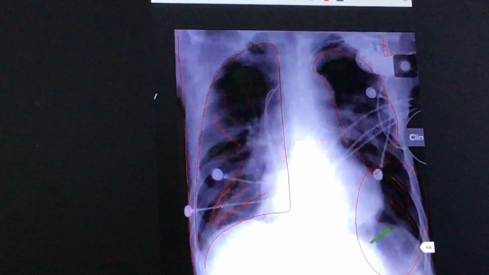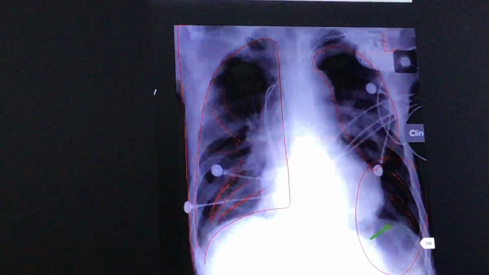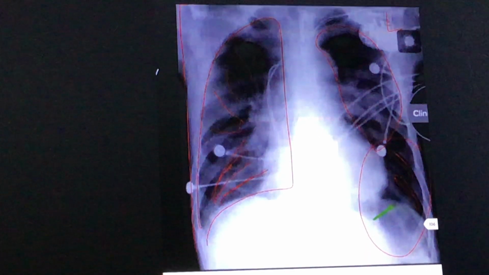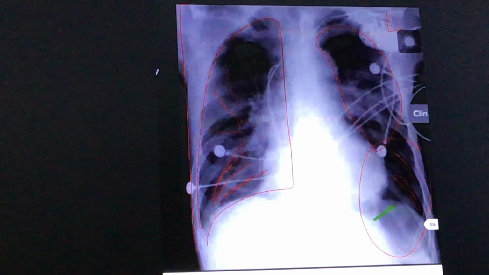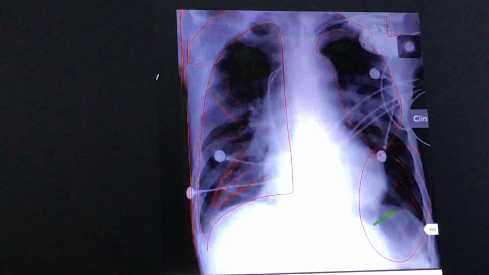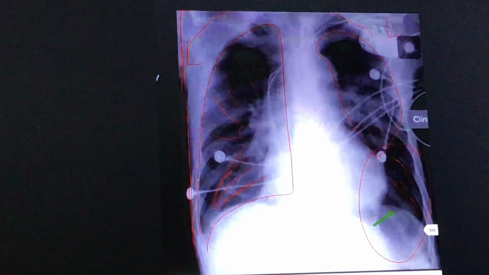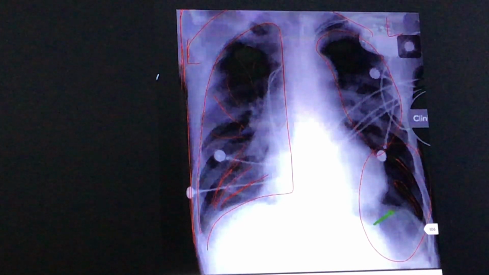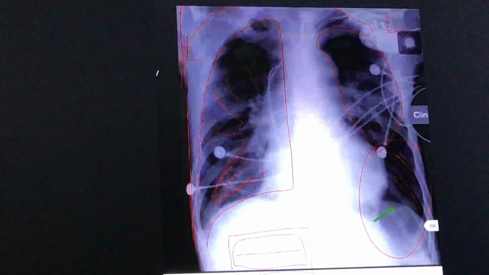So this whole picture must be looked at from this side.